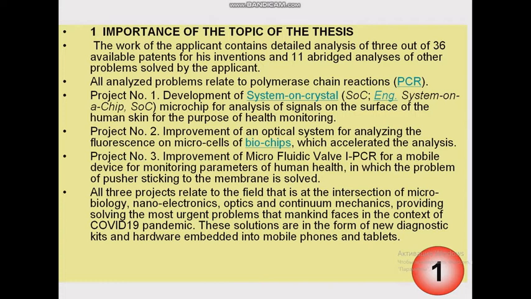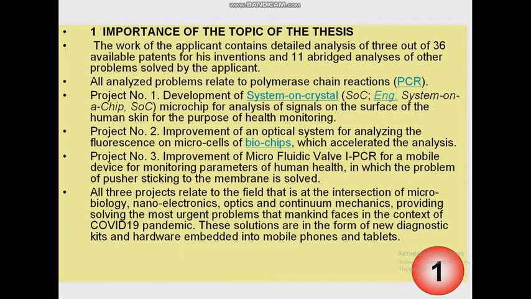PCR. Project number 1, development of a system on crystal microchip for analysis of signals of the surface of the human skin for the purpose of health monitoring. Project number 2, improvement of an optical system for analyzing fluorescence of microcells of biochips, which accelerated the analysis.